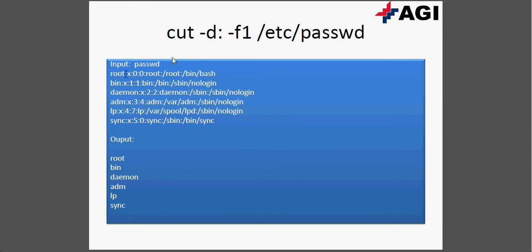So I use the option -d followed by the delimiter, that is colon, and then I am extracting the first field. As you can see in my first field I have root, bin, daemon, etc. This is one of the useful options if your file is delimited by any alphanumeric character.